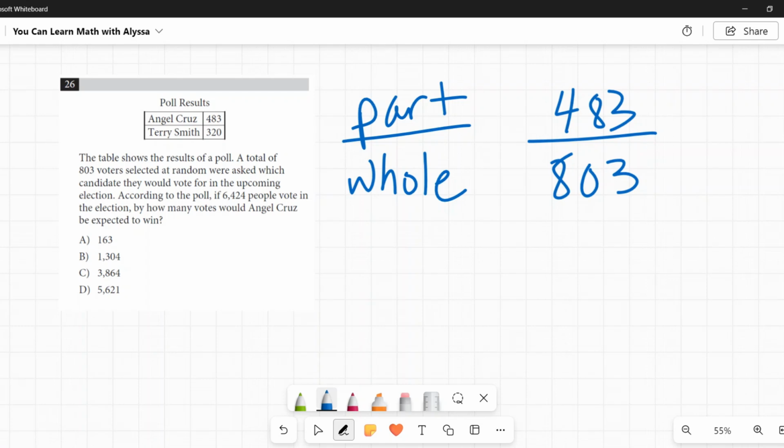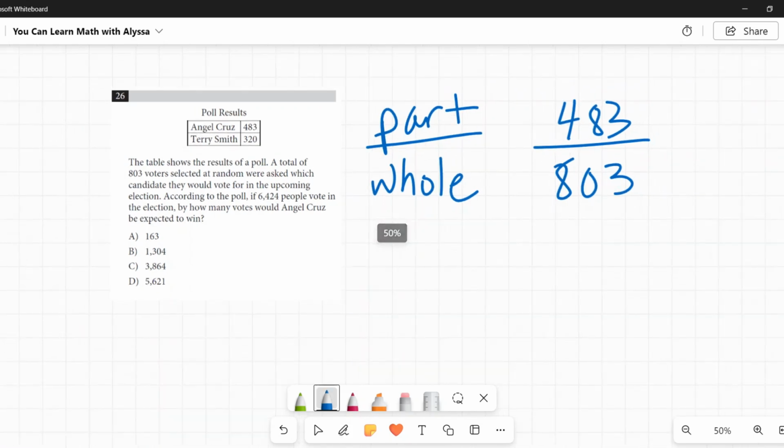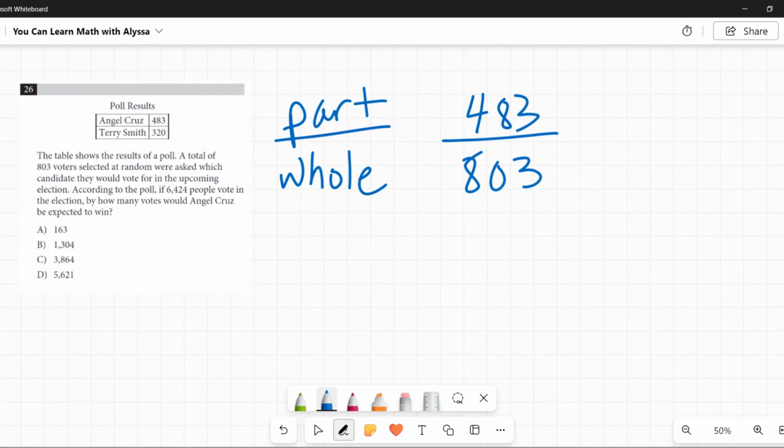Now, if I want to know just how many votes Angel Cruz could be expected to get, a good estimate, I'm going to use this part here where it says 6,424 people are voting and say, okay, so the bigger whole would be 6,424, and I'm going to figure out how many of those votes would go to Angel.